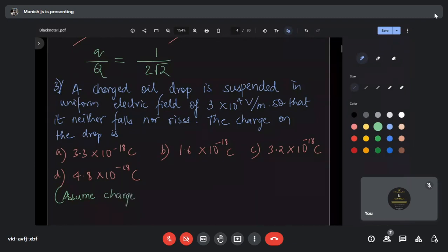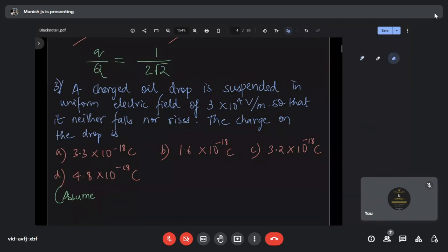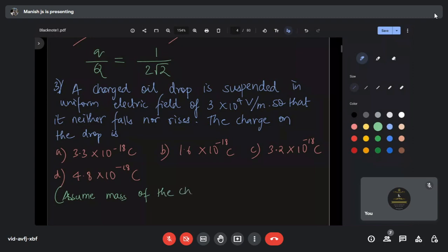Assume the mass of the charge as 9.9 into 10 to the power minus 15 kgs and g as 10 meters per second square. ஓகேங்களா, இந்த டேட்டா வந்து கொடுத்துருக்காங்க கொஸ்டின்லயே.